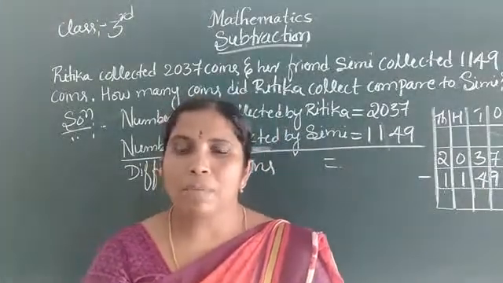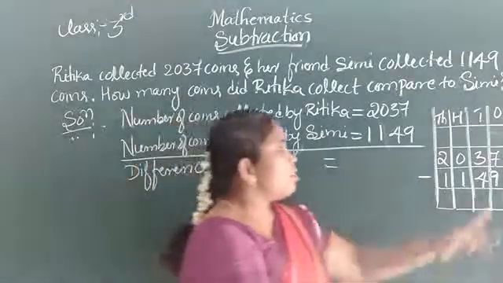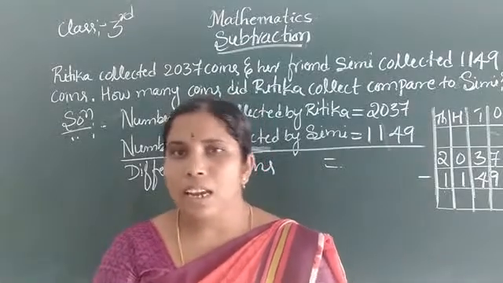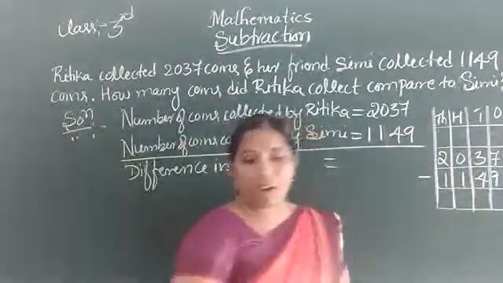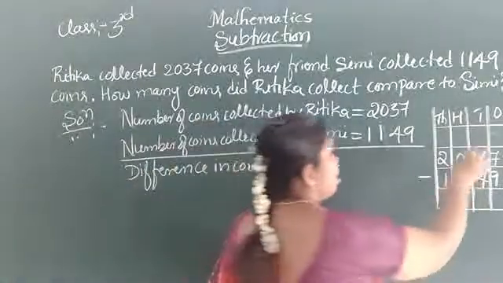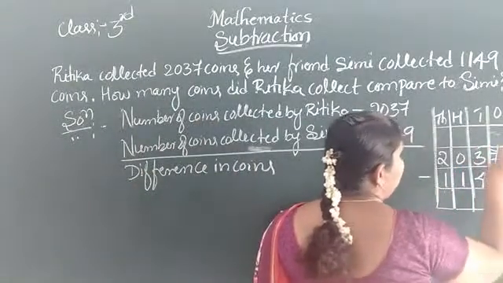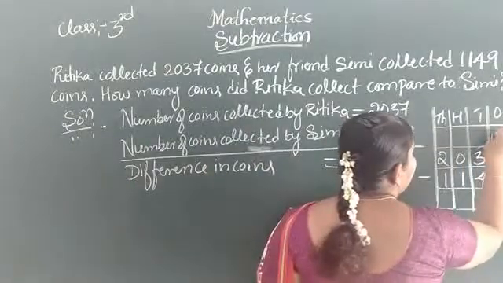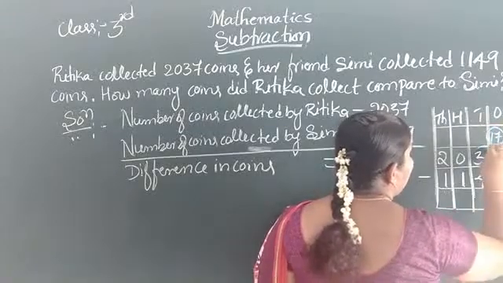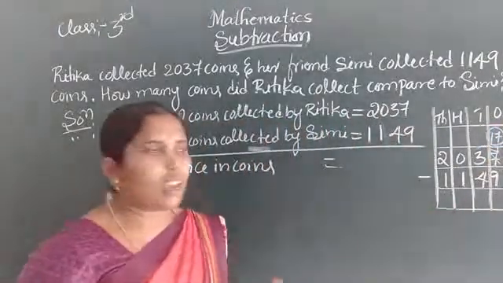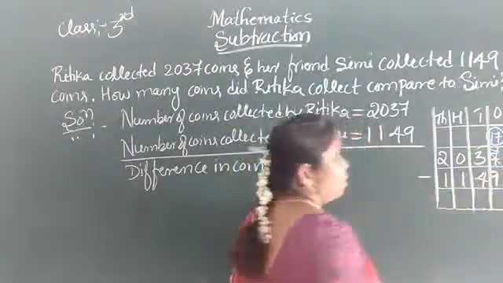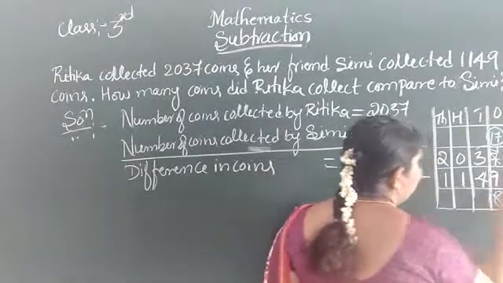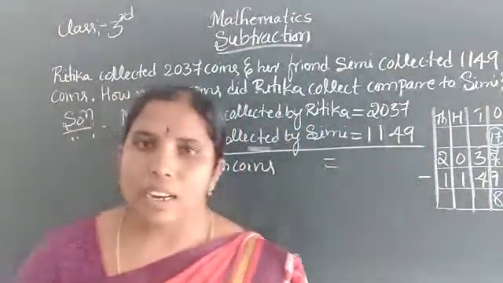Now subtract these two. See, 7 minus 9, it's not possible because 7 is less than 9. Now take a borrow from the neighbor digit. 1 borrow equals 10, and 10 plus 7 equals 17. So that is the new number you consider, not 7. Now 17 minus 9 equals 8.